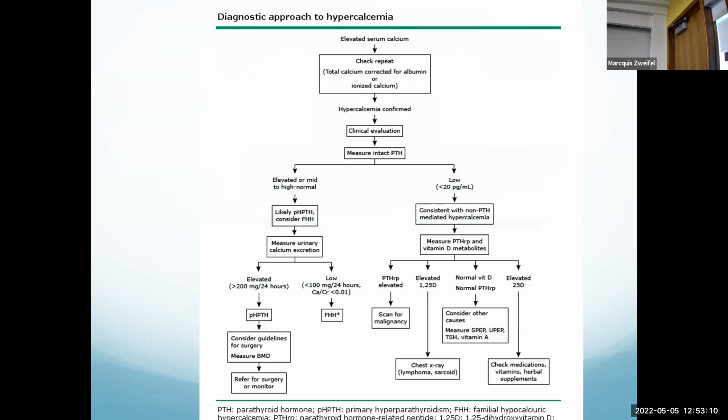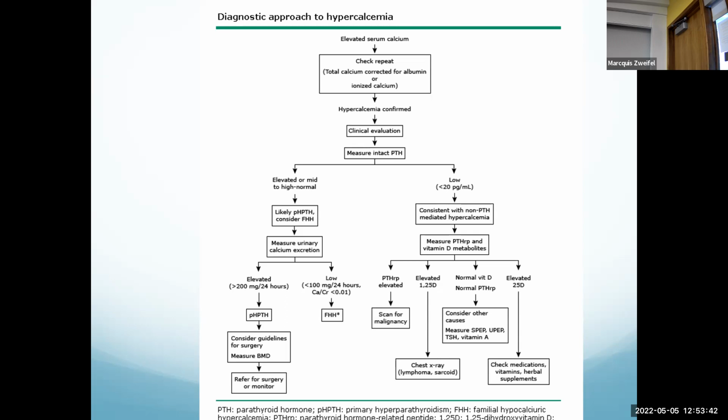If your PTH is appropriately suppressed, you know that it is non-PTH mediated, and you can think about PTH-related protein, elevated 1,25 vitamin D, and so on. So you're thinking in one direction. If the PTH is not appropriately suppressed, it's mostly 2 options: either primary hyperparathyroidism or FHH.